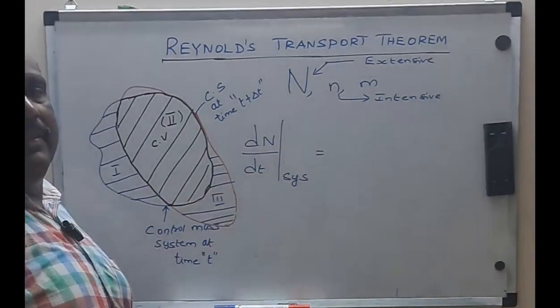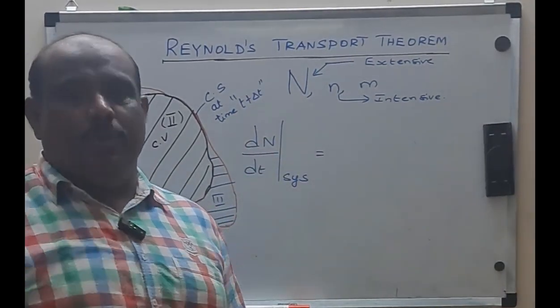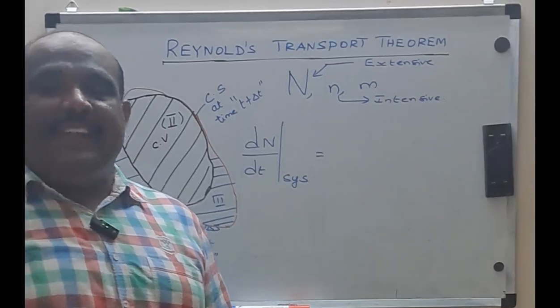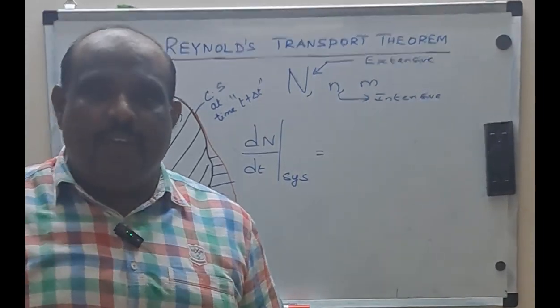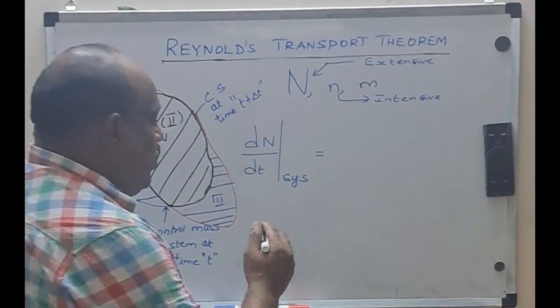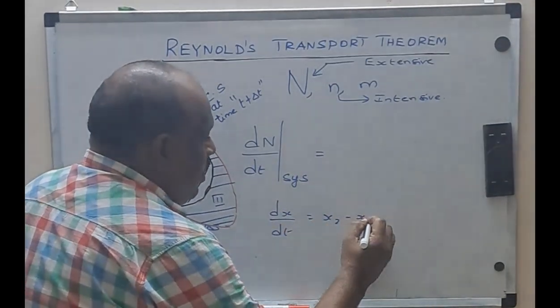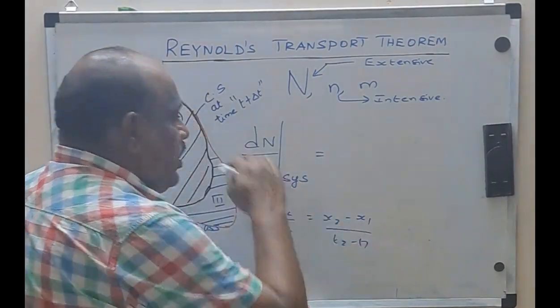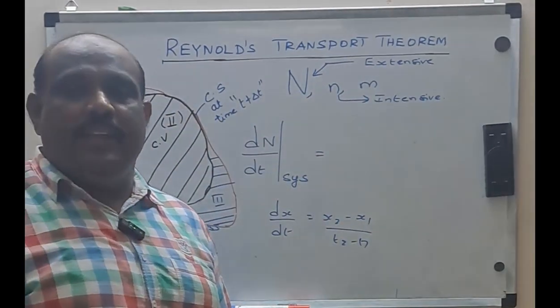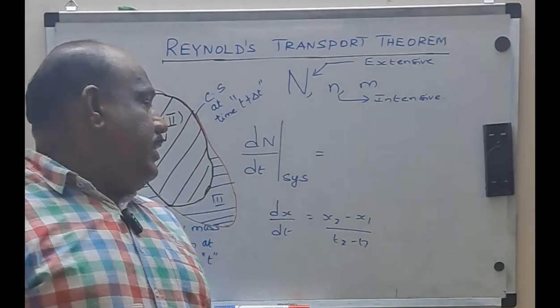How can we write this in the difference form? Just like I told you now, dx/dt equals x2 minus x1 by t2 minus t1. Like this, I want to write this term also, dN/dt of the system.